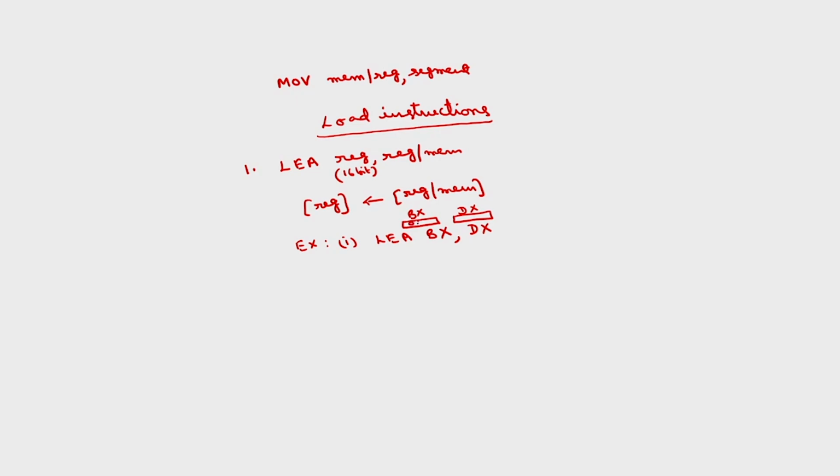Say BX is 0000, and DX is 0001, so BX will be loaded with 0001. This instruction is equivalent to MOV BX comma DX. The difference is, if you have the memory location to register, then there is some difference.